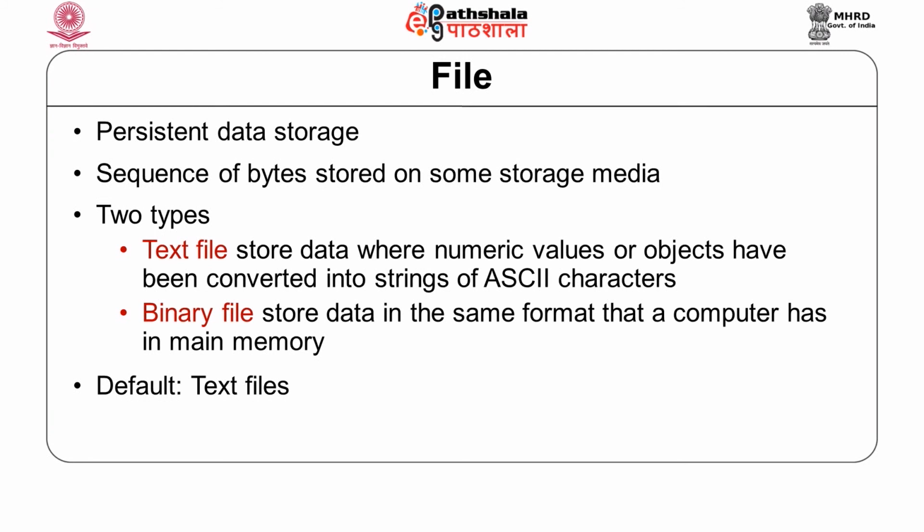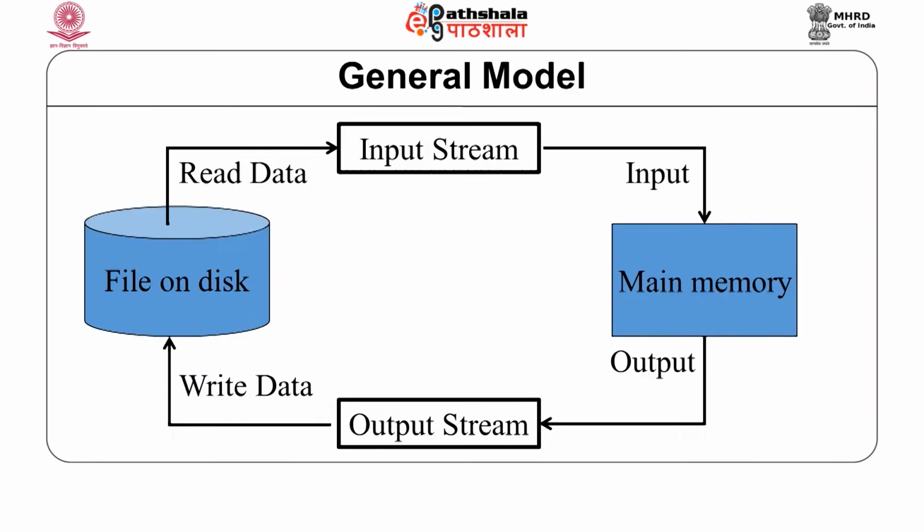Text files do the conversion of numeric data or objects into string before reading or writing, whereas in case of binary file, such conversion does not take place. The data is just in the raw form without any type of conversion, just the way it is stored in memory of the computer. By default, it considers text files.